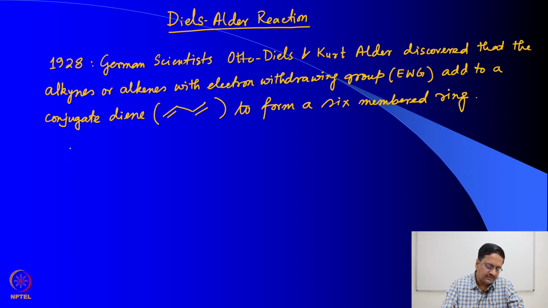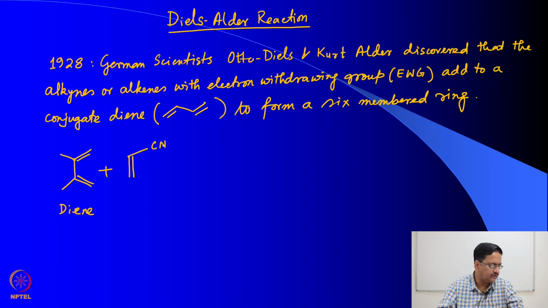So, the reaction that they discovered is the following. When you have a diene like this, we have two double bonds. A conjugate diene is treated with a double bonded compound with an electron withdrawing group connected to it. This compound is called a dienophile, which means a diene loving substance.